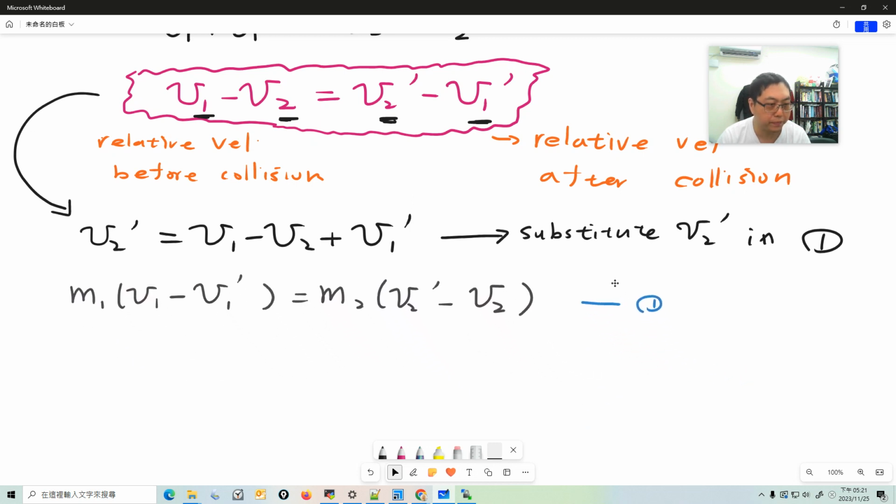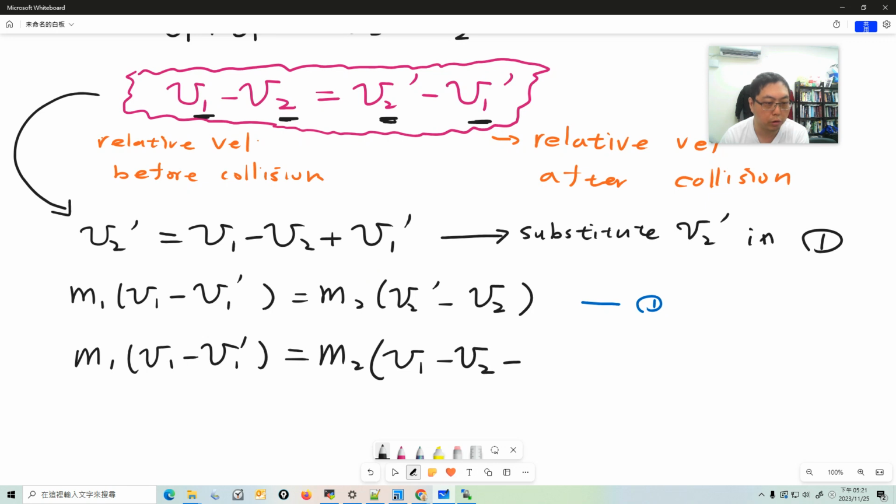Hold on. Okay, so substitute V2 prime in one. So M1 times V1 minus V1 prime equals M2 times V1 minus V2 plus V1 prime.